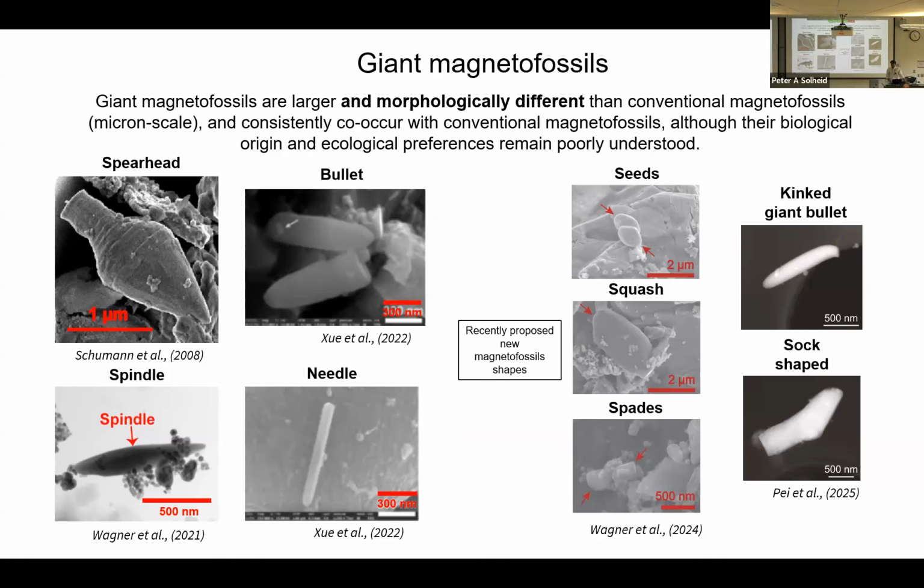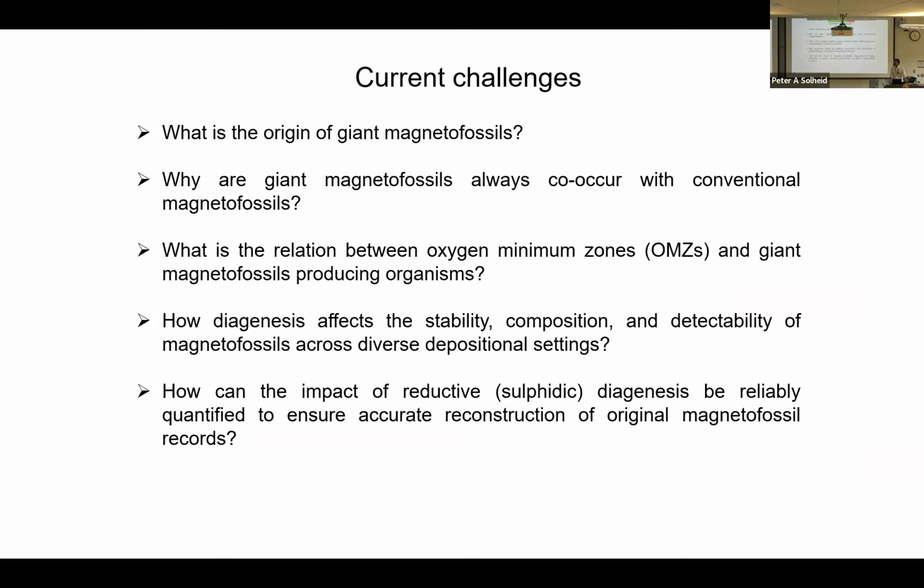So the current challenges in this field of research are, I list here some questions. What is the origin of giant magnetofossils? The question still needs to be answered, and I believe that answering it would resolve whether these magnetofossils are really biogenic.